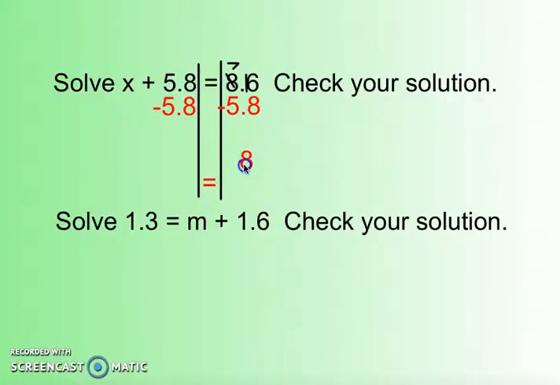And I'm going to put that to the right of the decimal because I'm lining up the decimal points. And honestly, I could even put a line underneath them, since I'm trying to find the difference between them. And 7 minus 5 is 2. So my answer for x is 2.8.